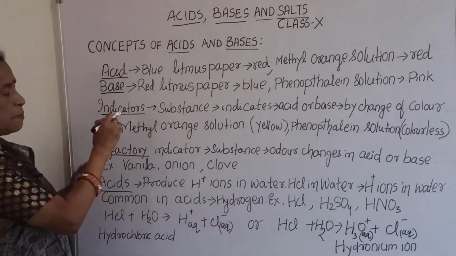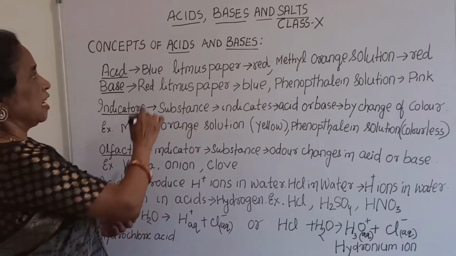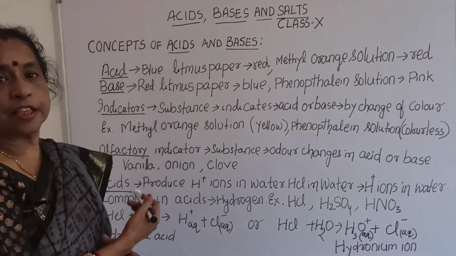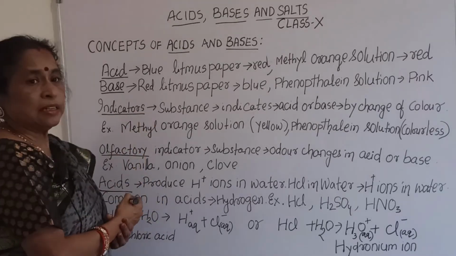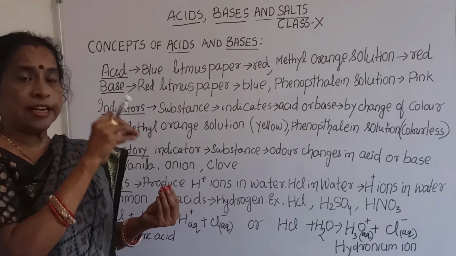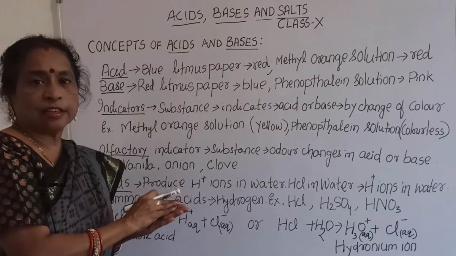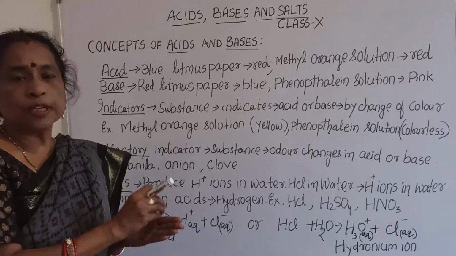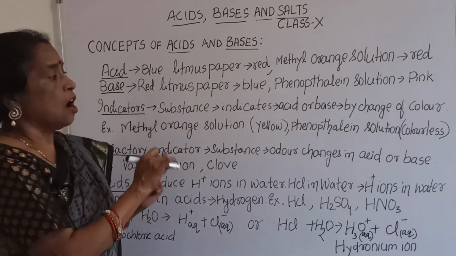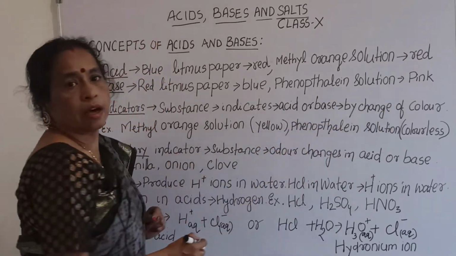Then what is meant by indicators? These are some important terms in the acid, base and salts chapter. Indicators are substances which indicate whether something is an acid or a base by change of color.